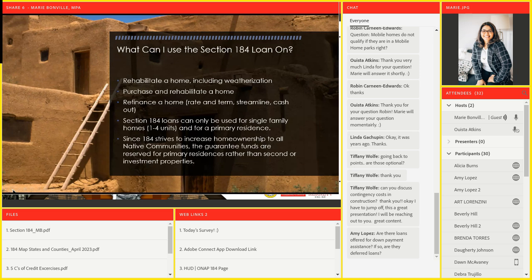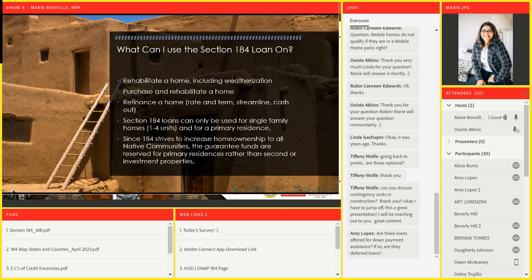Rehabilitated home, including weatherization. If you have an existing home and you want to pull a home loan to fix it, sure. You can purchase a home and then fix that home as well.